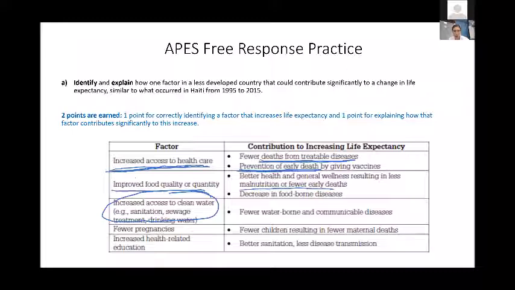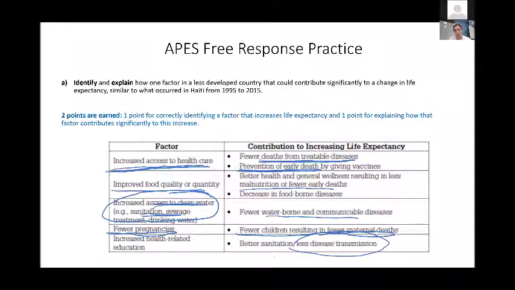That is key to reducing infant mortality rates, so you have fewer waterborne and communicable diseases. If women are having fewer pregnancies, then that actually decreases the amount of possible maternal deaths, and again, an increase in health-related education goes along with our clean water and sanitation that reduces disease transmission.